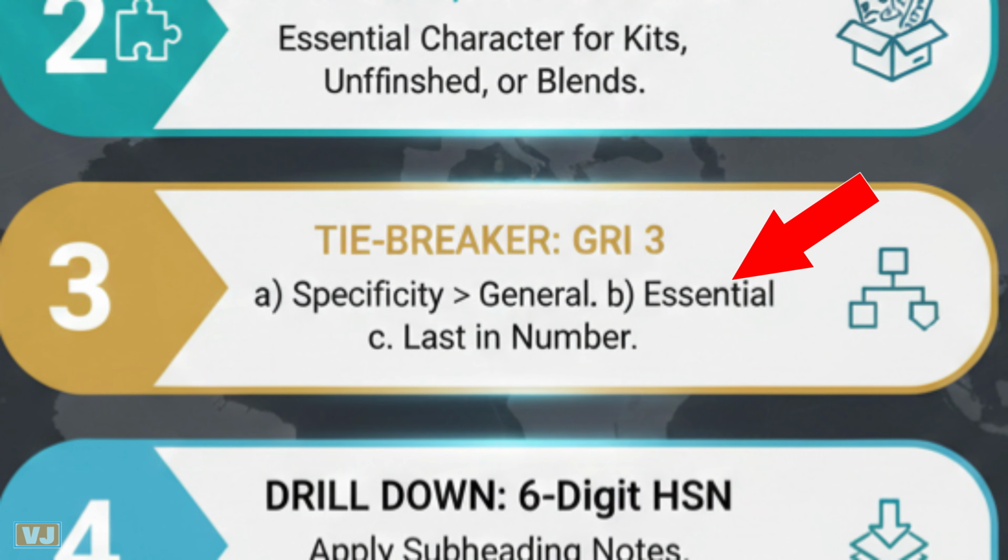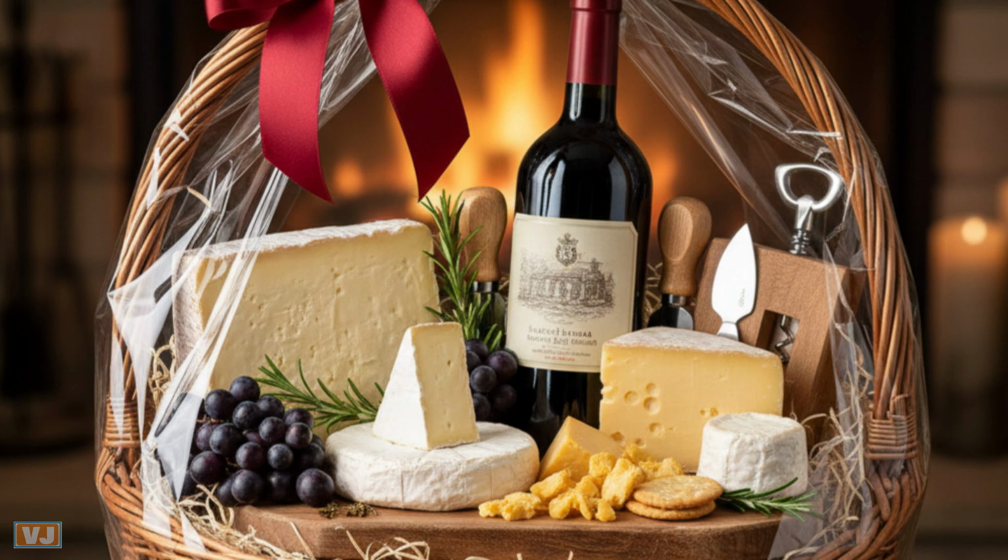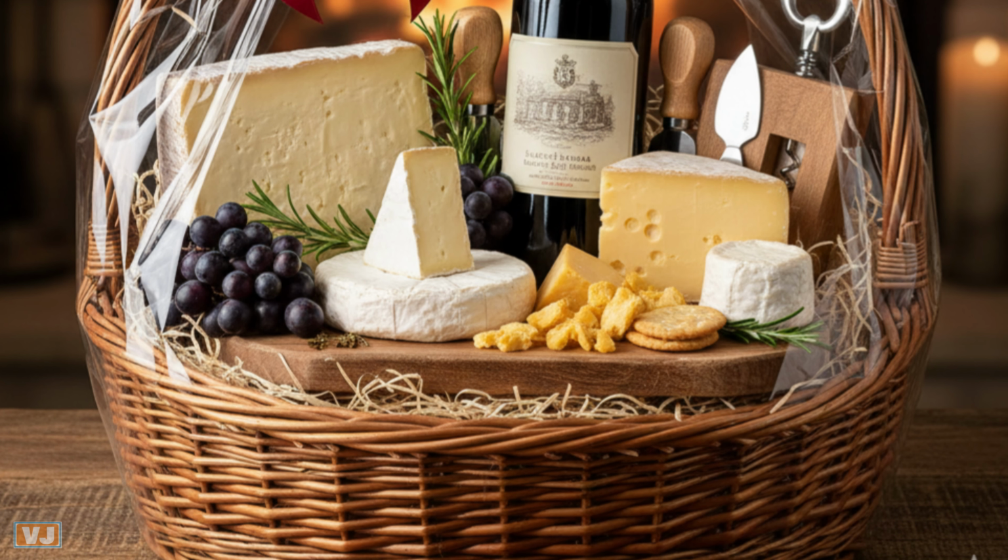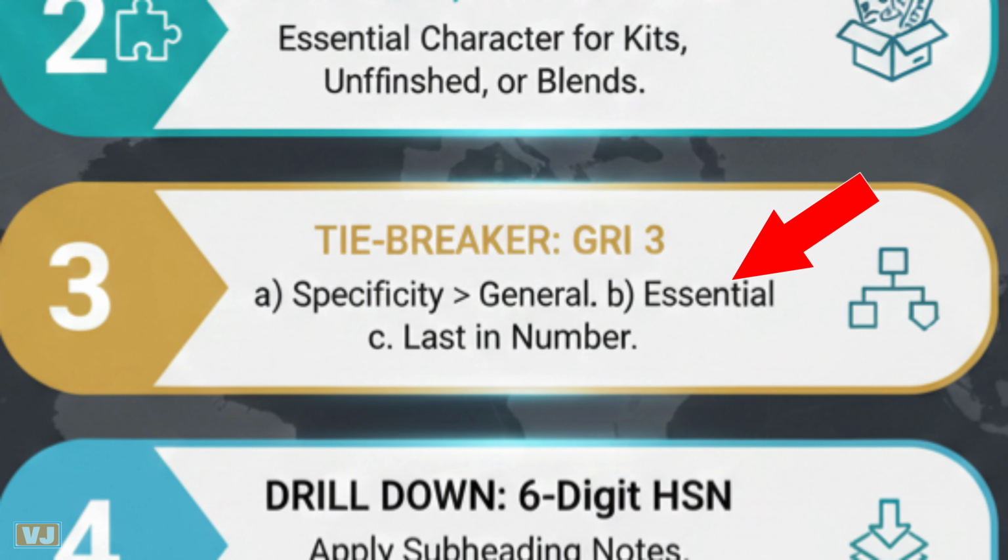For mixtures or sets, for example a gift basket with both wine and cheese, the item is classified based on the component that gives it its essential character, which means the reason someone is buying. Is it because of the gift basket, or because it contains wine, or cheese? What actually is the main reason for buying?